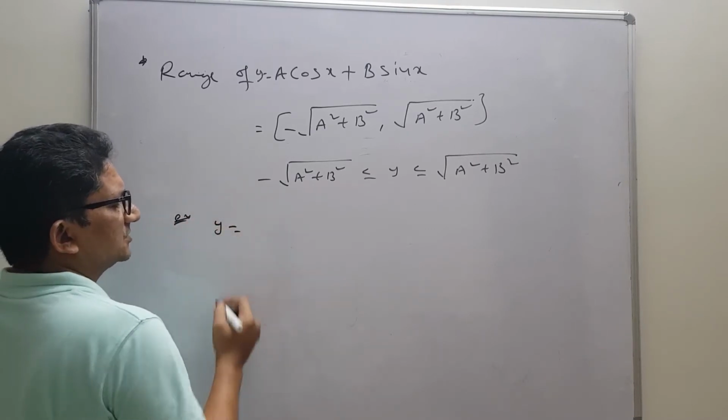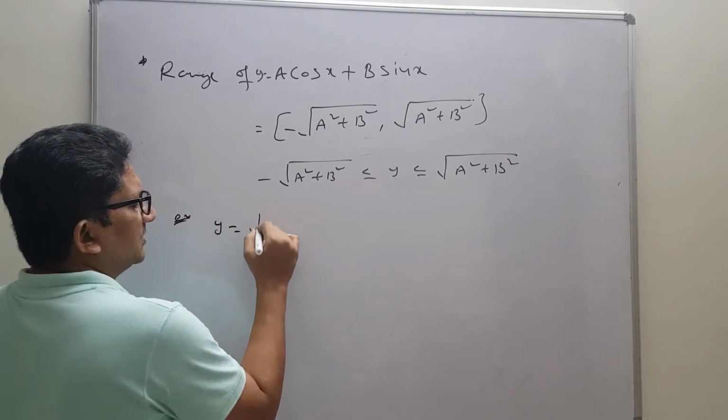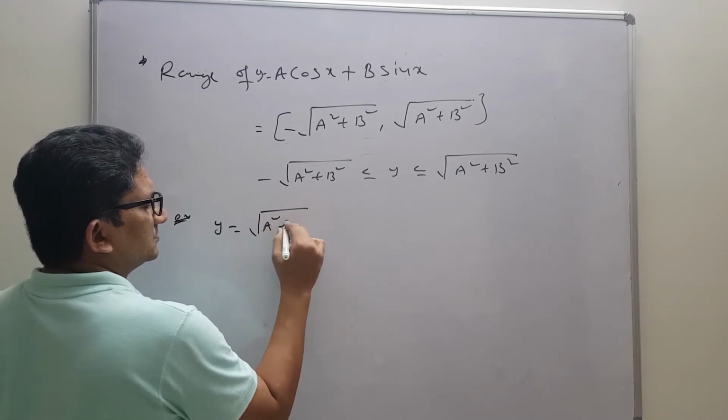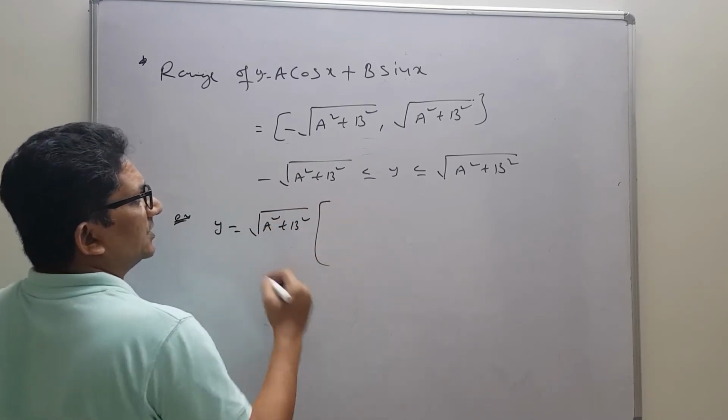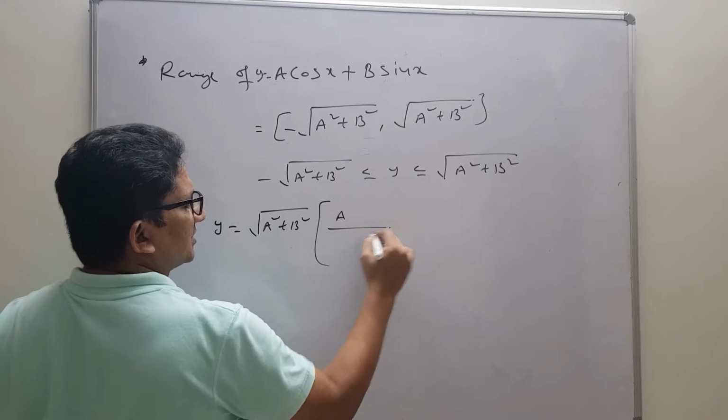So here y equals, multiply and divide by root of a square plus b square, so we will get a structure like this type.